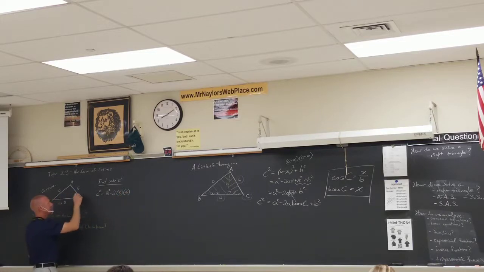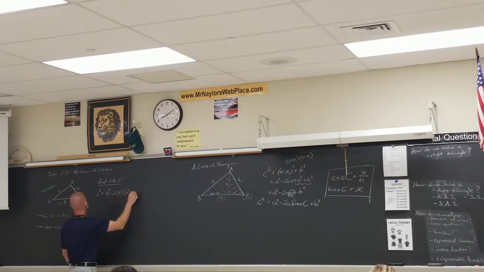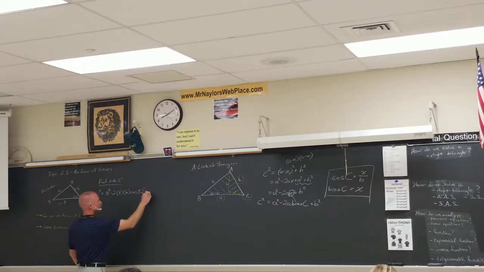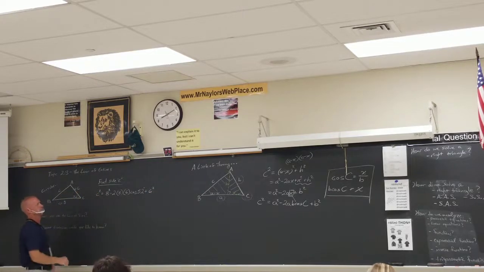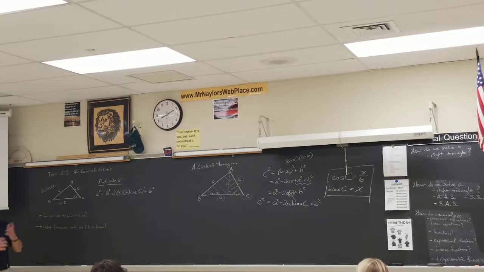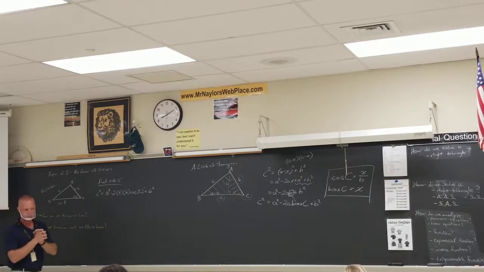For this problem, B is 6. Cosine of 52. And then you do B squared, which should be plus 6 squared. Play along and check it out on a calculator.